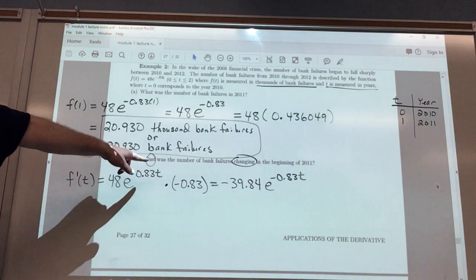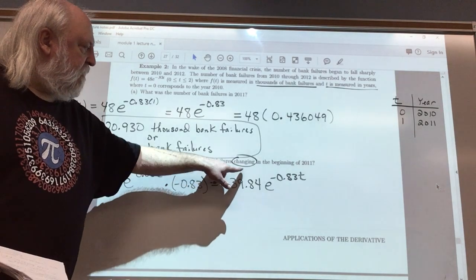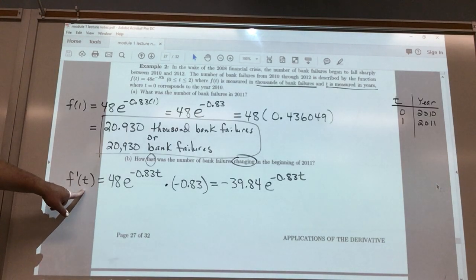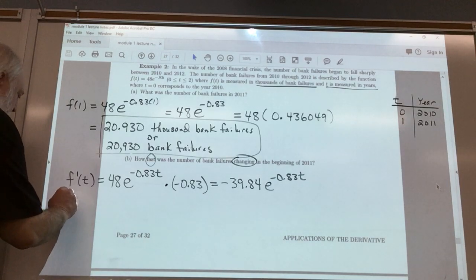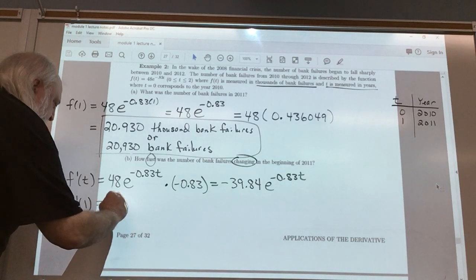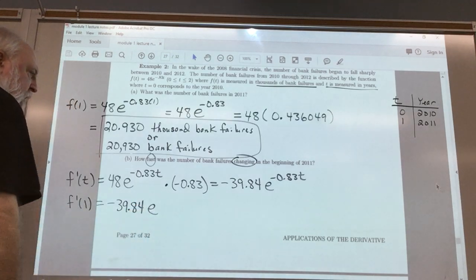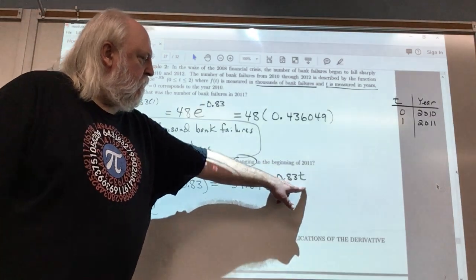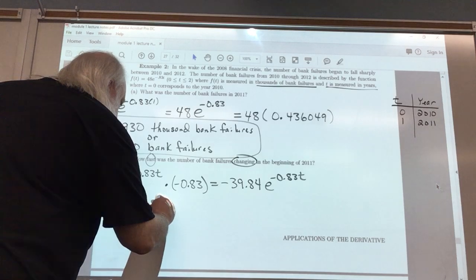Now to find how fast the number of bank failures was changing in the beginning of 2011, we plug in 1 for t, okay? Because t equals 1 corresponds to year 2011. So f prime of 1 is equal to minus 39.84 times e. And when I put in 1 for t here, I have minus 0.83 times 1, which is just minus 0.83.